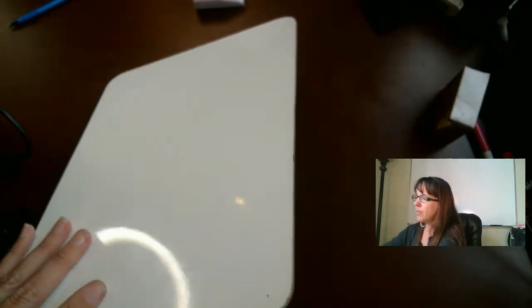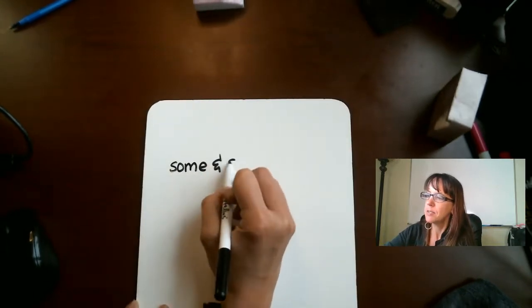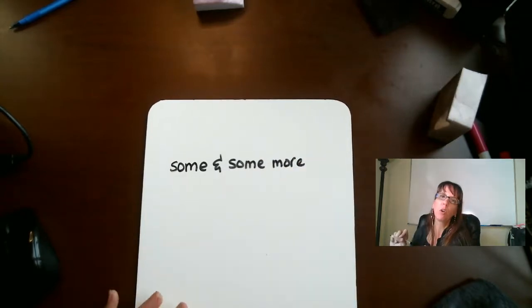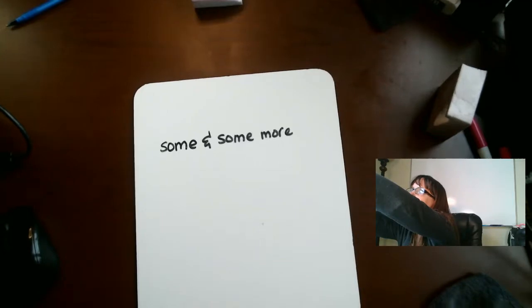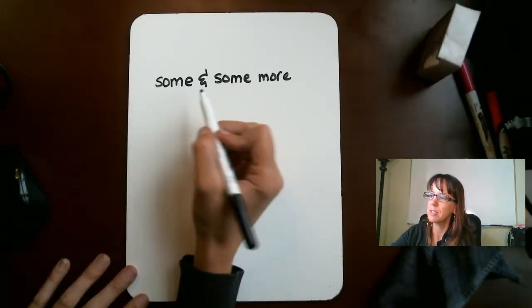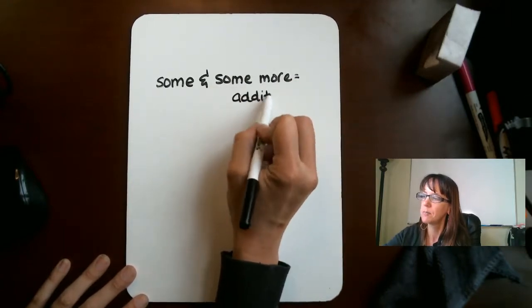The first one that I want you to write down is some and some more. If you have a word problem that is some and then you have some more, that is typically an addition problem, okay? So I want you to write some and some more equals addition.